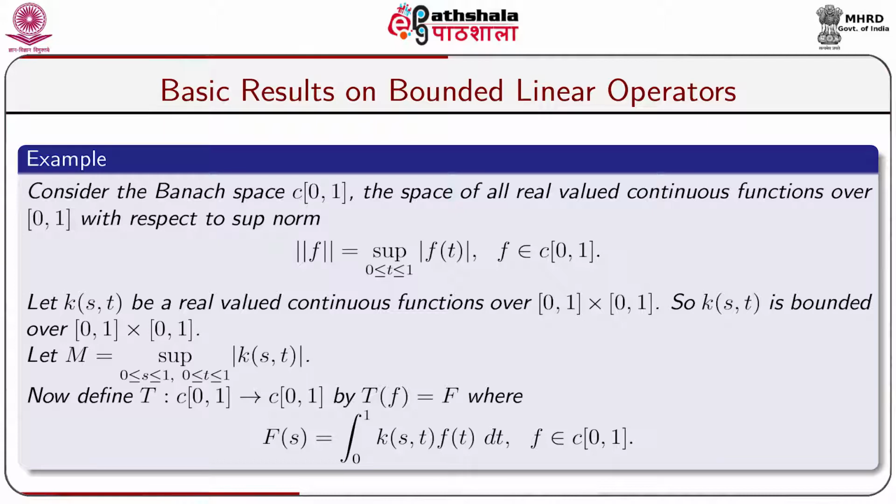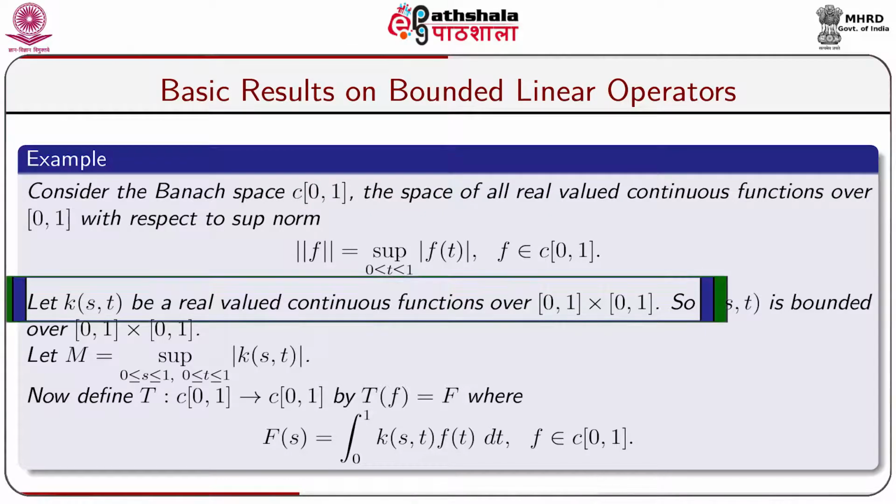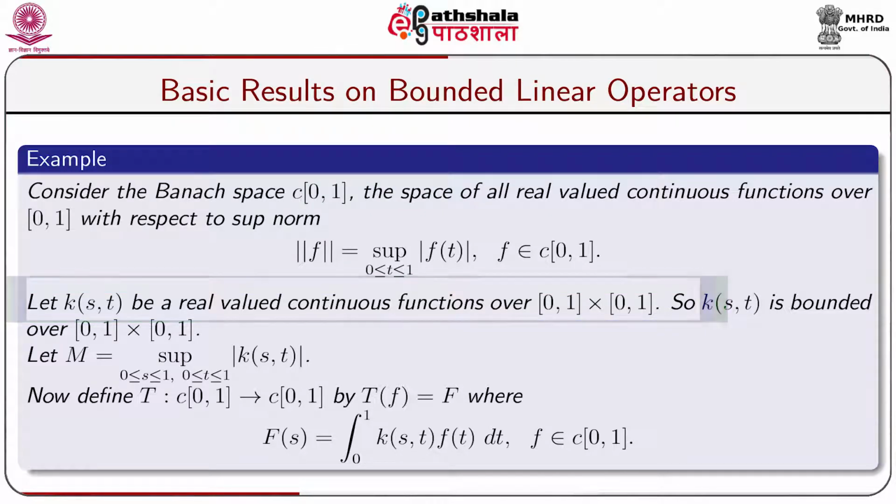Consider the Banach space C[0,1], the space of all real valued continuous functions over [0,1] with respect to the sup norm, that is, norm of f is equal to the supremum of |f(t)|, where 0 ≤ t ≤ 1, that is, the supremum is taken over the closed interval [0,1] and f is taken from C[0,1]. Let K(s,t) be a real valued continuous function over [0,1] × [0,1].